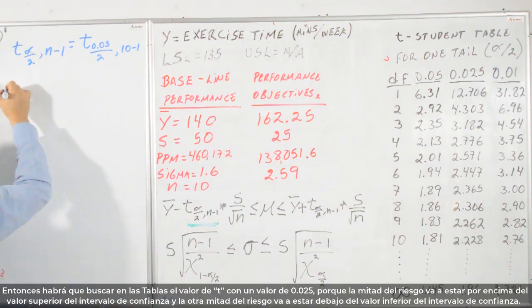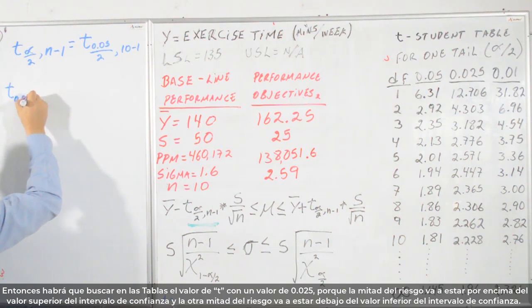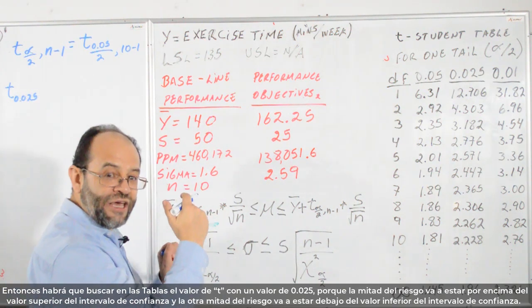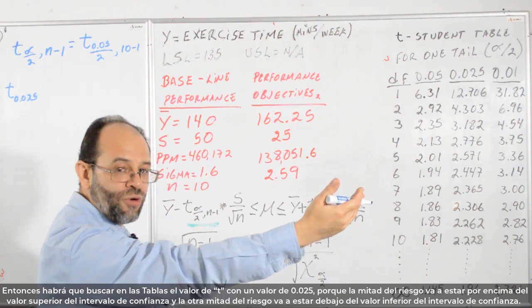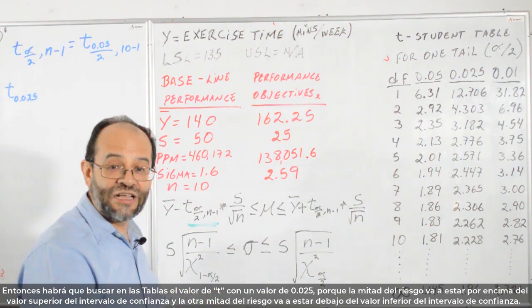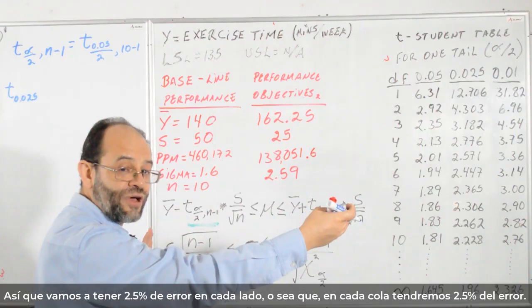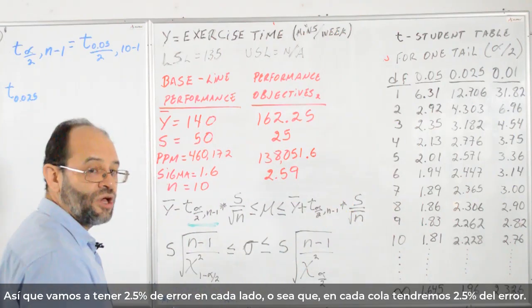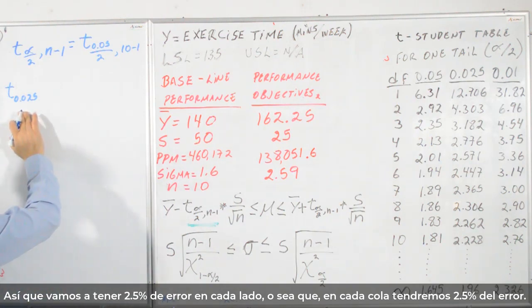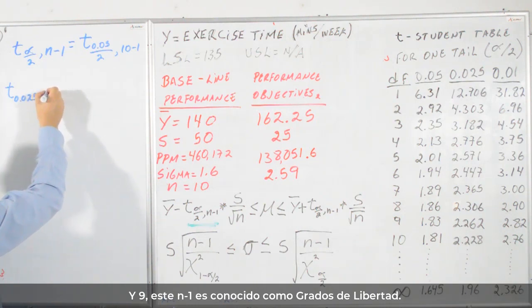Then we have to get t from tables of 0.025 because half of the risk is going to be above the upper confidence interval and half of the risk is going to be below the confidence interval. So we are going to have 2.5% of error on each side. So on each tail we are going to have 2.5% of the error, comma 9.